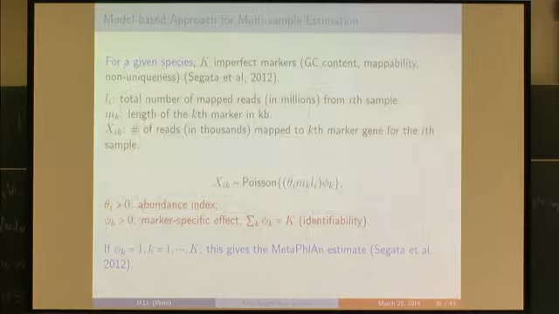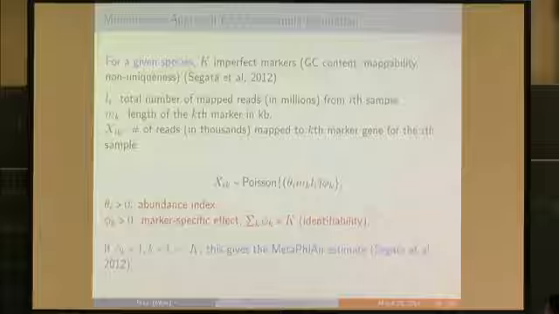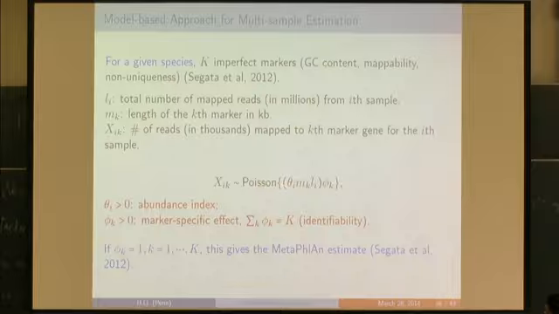And this can be done by fitting a very simple model. You consider one species. The data you observe for the i-th individual, the k-th marker gene, is a count. And you assume this count follows a Poisson distribution with a parameter theta_i, the abundance index for the i-th sample.